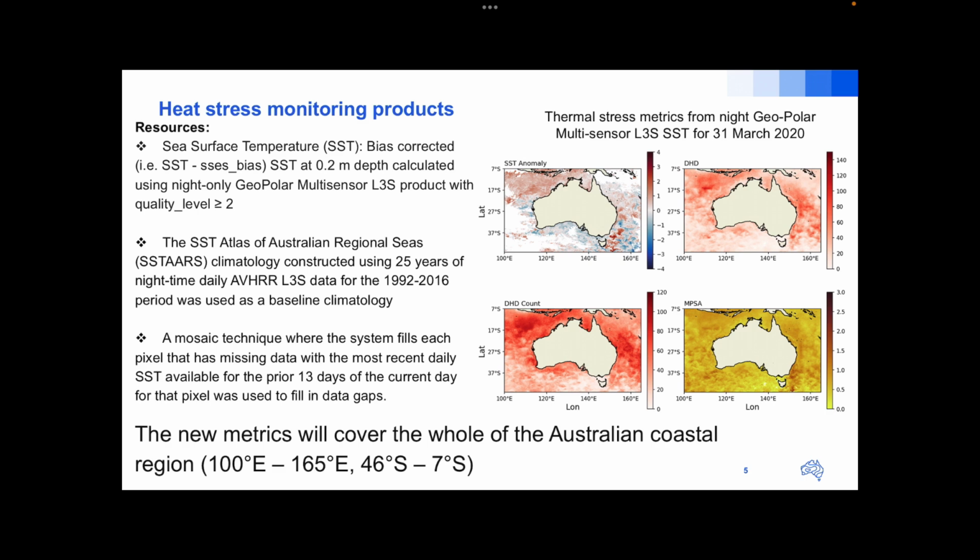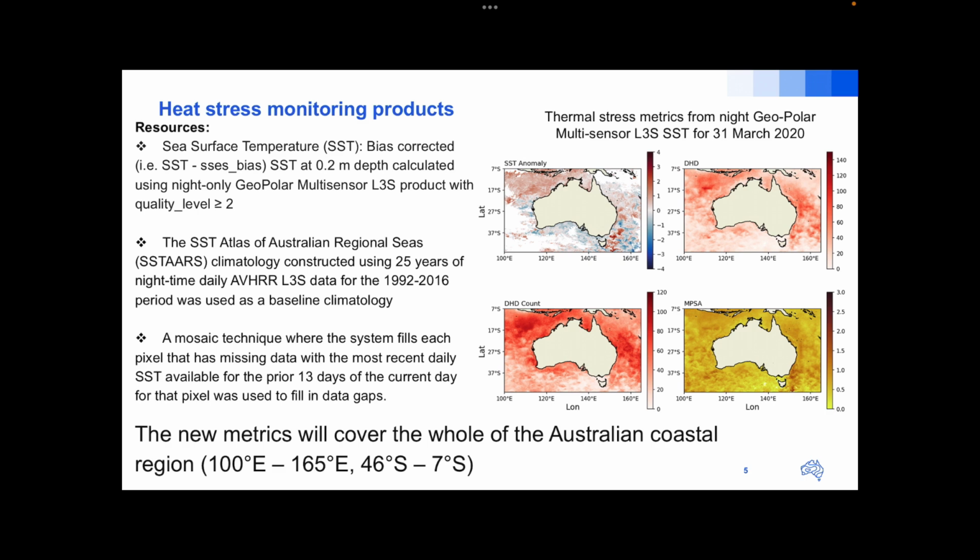The SST Atlas of Australian Regional Seas, that is the STARS climatology, which was constructed using 25 years of AVHRR L3S data for the 1992 to 2016 period, was used as the baseline climatology for this work. And then we also use the mosaic technique.